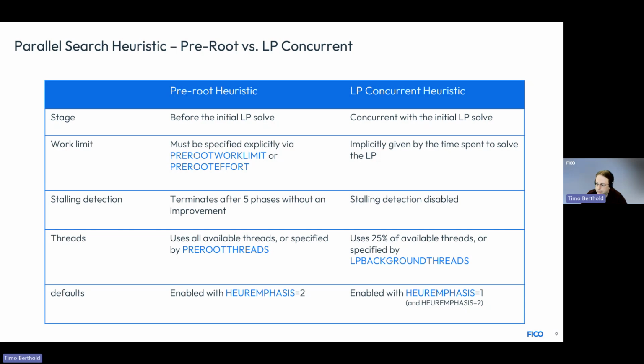Yeah, I think it's fair to say really that if even solving an LP is out of reach for your MIP application, then by all means you should go for the pre-root heuristic variant. And if you want to hedge your bets or give your MIP cut loop heuristics a little head start, then LP concurrent might be the way to go for you. And if all the emphasis is on the optimality proof, then maybe you don't want either of them.